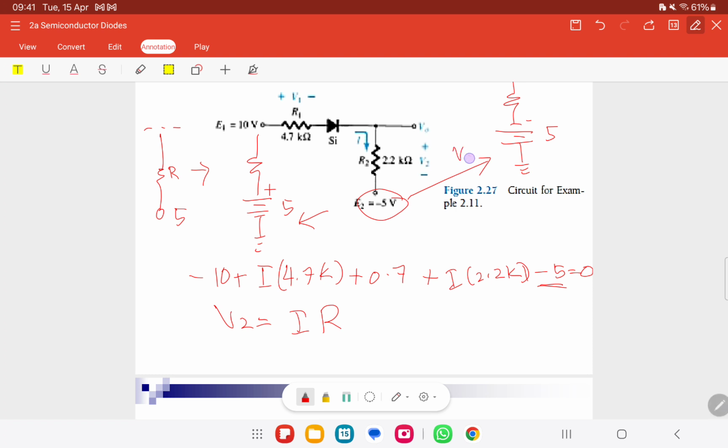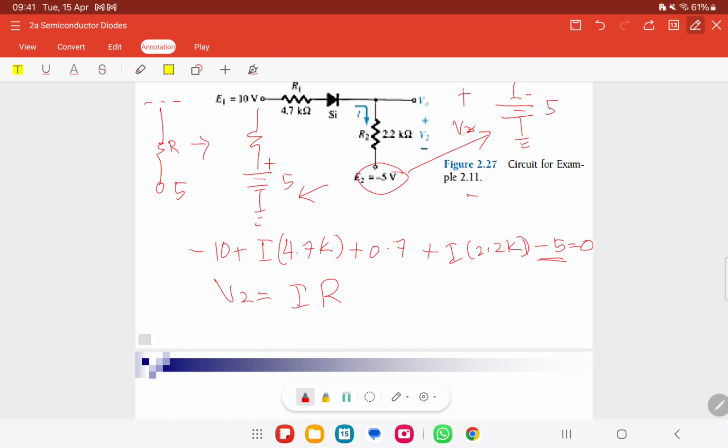If the V2 from here until ground, if the V2, the V3 lah pula, V3 IR minus 5. Sebab dia ada minus 5 kat situ. To get the V3, let's say we consider as kita buat loop dekat sini. Minus V3 plus IR minus 5 equals to 0. The loop lah. Minus V3 plus IR minus 5 equals to 0.